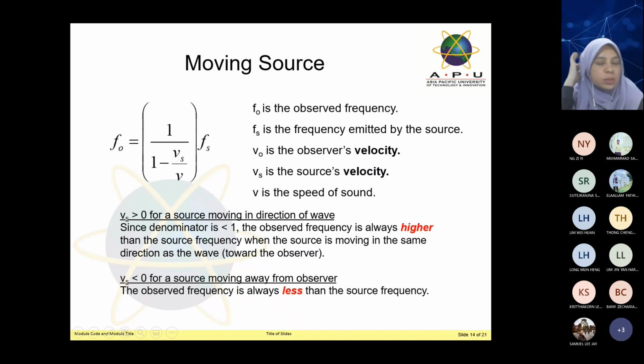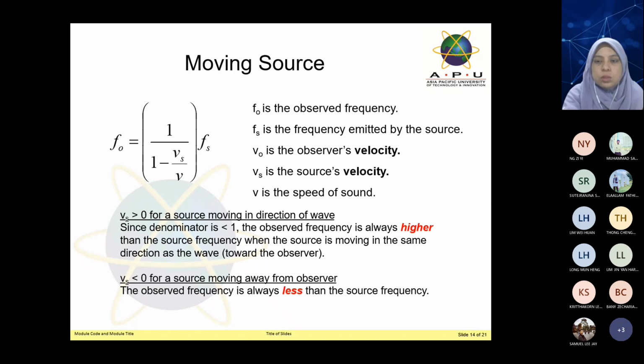So moving sources. Just now, this Doppler effect is used in moving sources.